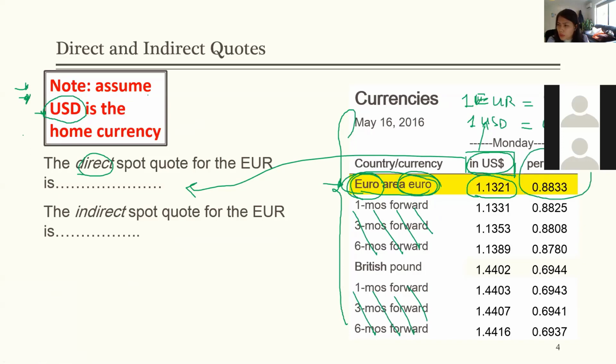If I look at this column here, this number tells me the value of 1 USD in terms of the relevant currency. In this case, I'm looking at the euro. So this 0.8833 number is how much 1 USD is worth in euro. If I go to the bank tomorrow and exchange 1 USD to euro, I will get 0.8833 euro.